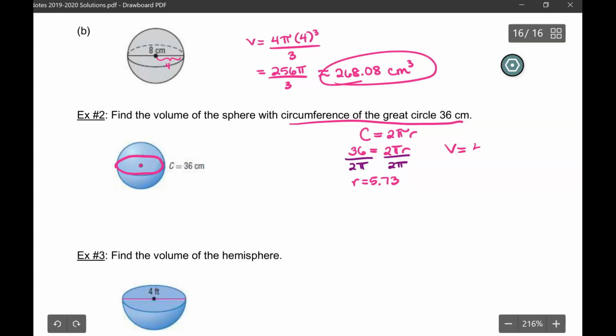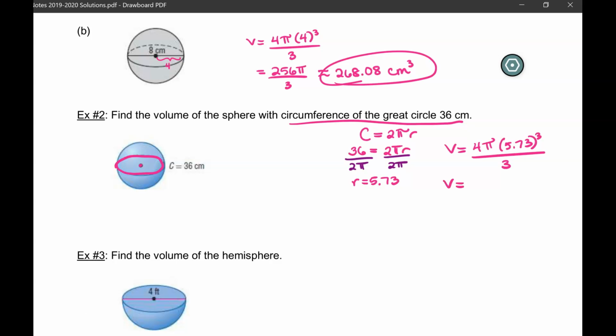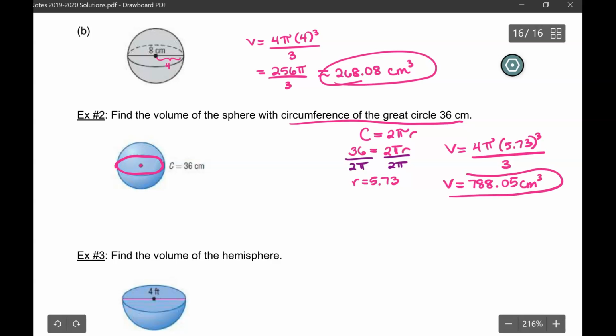So I'll have 4 pi times 5.73 cubed all over 3. So 5.73 to the third power times 4 times pi, and then we want to divide by 3, so I get 788.05 cubic centimeters.